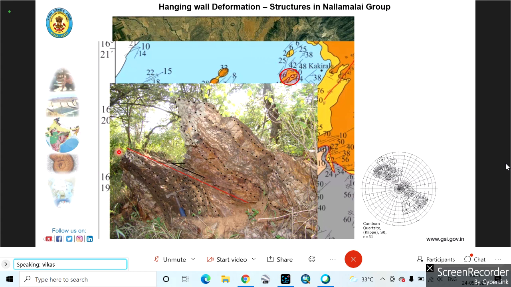Shales are relatively weaker than the quartzites. So this is how we identified that these quartzites are actually your Nallamalai fold belt quartzite, not of the Kurnool. They are Nallamalai group of quartzites. And as you can see in the map, just go previous, 2 times previous, just show me the geological map.